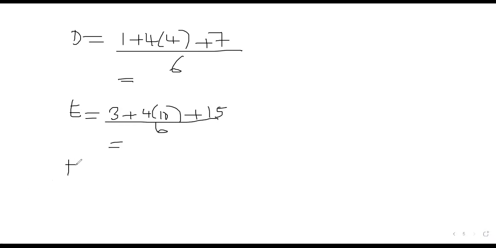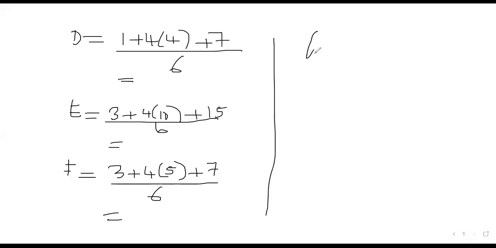Our F is what? 3 plus 4 on 5, then plus what? 7 over 6. Give me for G. G is what? 1 plus 4 on 2 plus 3 over 6.